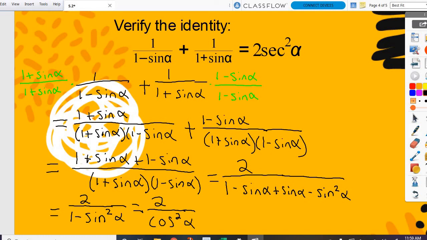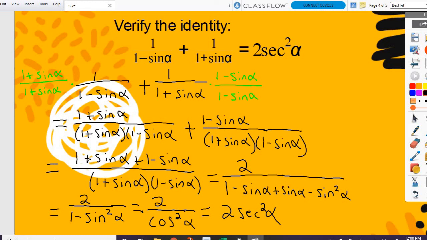Secant squared of alpha, right? But here I've just multiplied by a 2, which means that I'll just multiply my secant squared by a 2 as well. So we end up with 2 secant squared of alpha, which is nice because that's what we want.